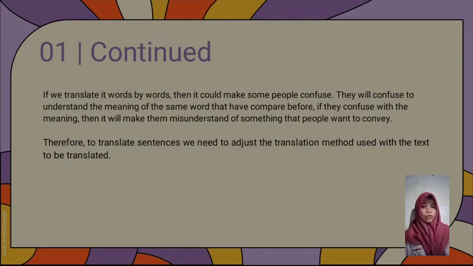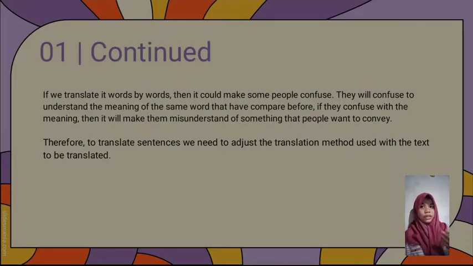If we translate it word by word, it would make people confused. They will be confused about the meaning of the same word compared before. And if they are confused with the meaning, it will make them misunderstand what people want to convey.